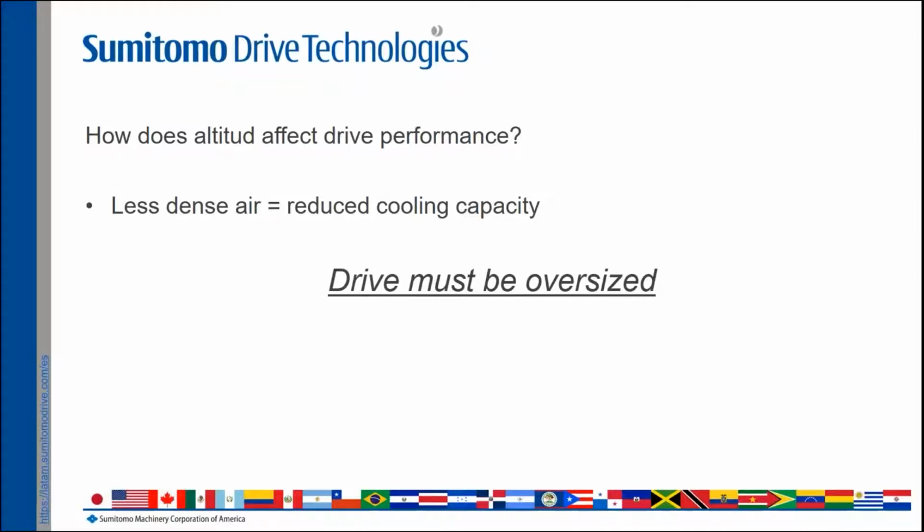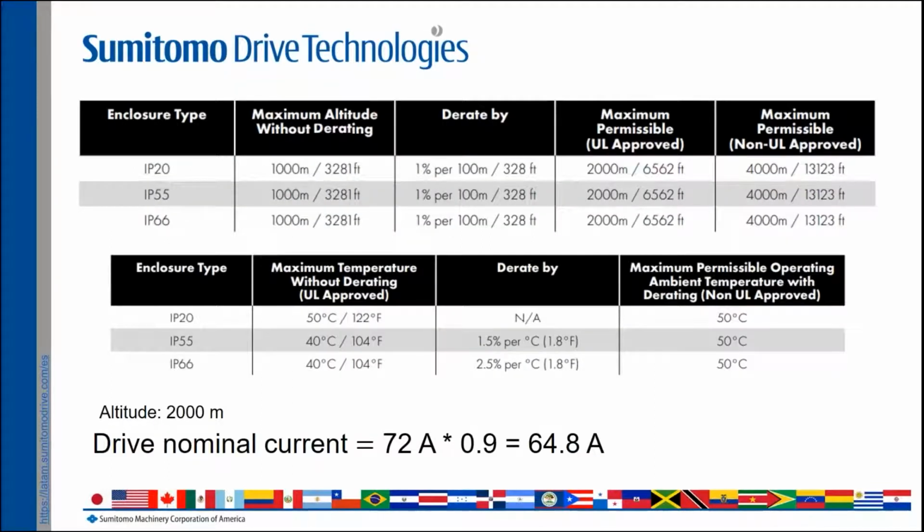So in these particular cases, the drive must be oversized. And why? Of course, this is not only for Invertek drives. This applies for any electronics in the market, because the air is less dense. You will need to oversize the current for your electronics.